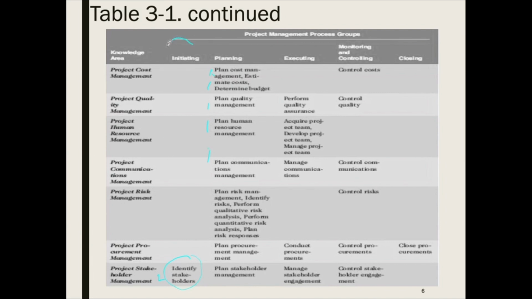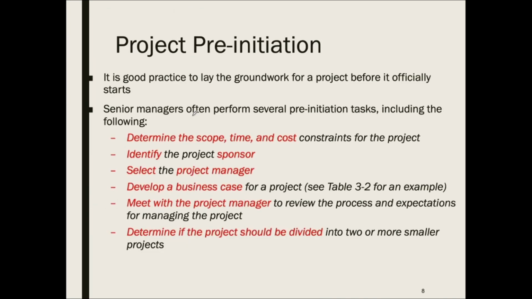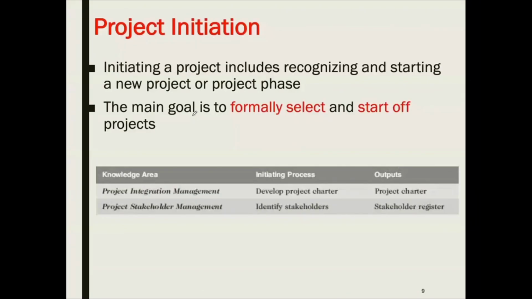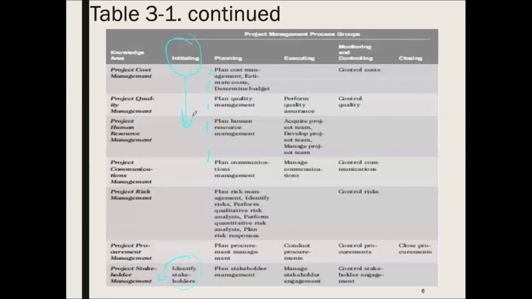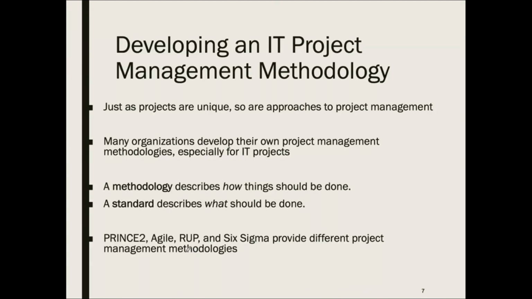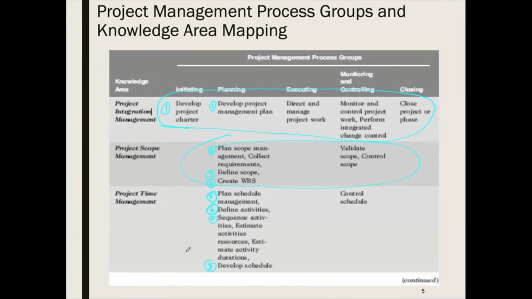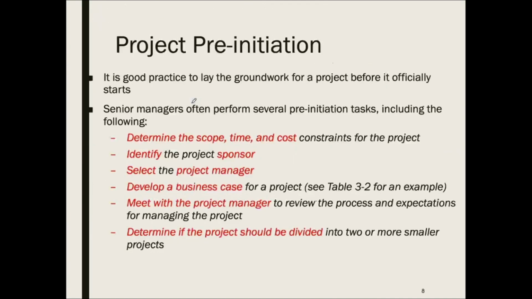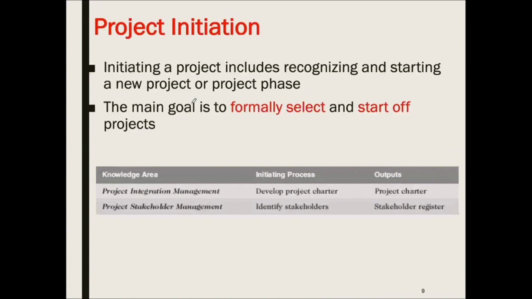Okay, I'm trying to look at these. Okay, so the phases. Here in the initiation phase, we have two knowledge areas. Remember, we have one here, and we have one here, right? So these are the two knowledge areas, and here you will see the processes.